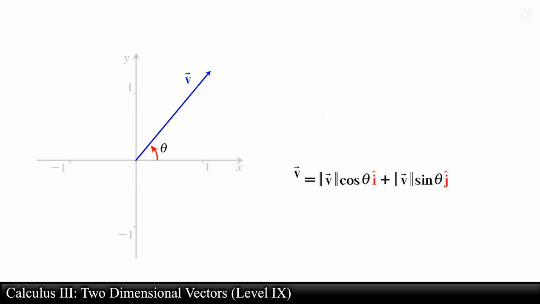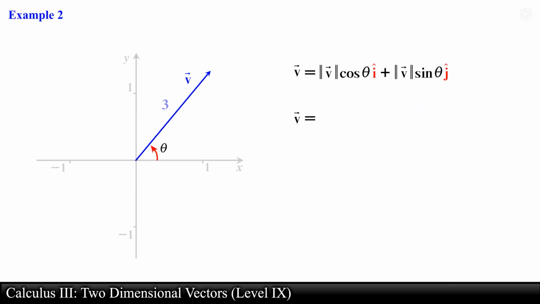For example, say I have vector v with a magnitude of 3, and it also makes an angle of 30 degrees, or pi over 6 radians, with a positive x-axis.